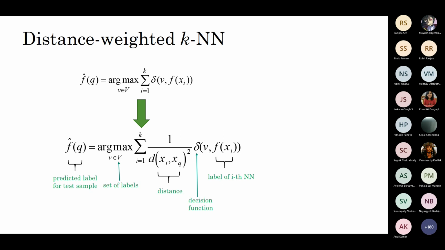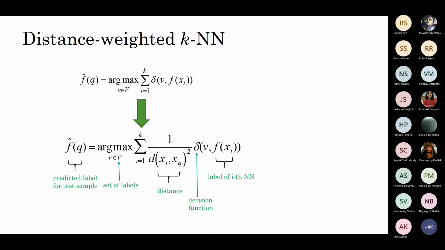So if the distance between me and my closest sample is 1, and the distance between me and another sample is 10, they are given equal importance only because they are within my k-nearest neighbor set. This distance weighted approach considers that aspect and tries to address that problem. Any questions on this?